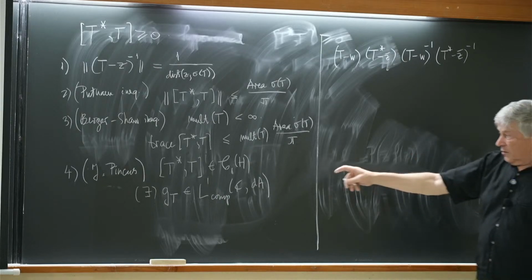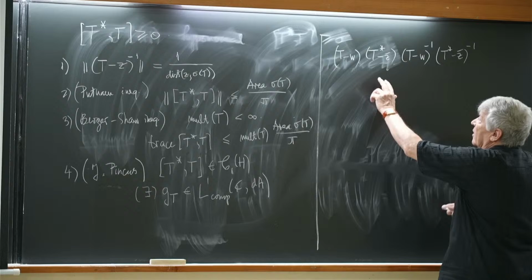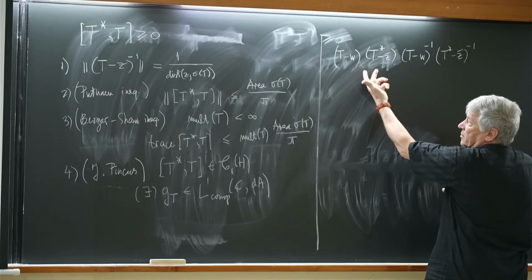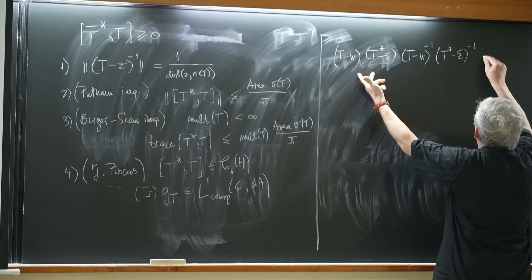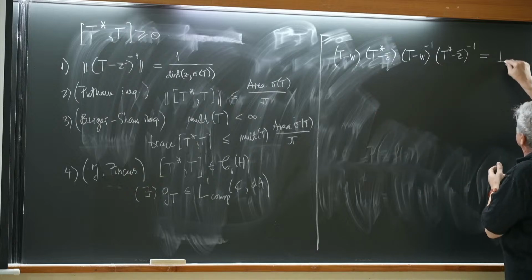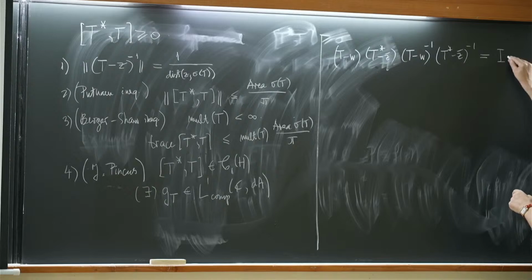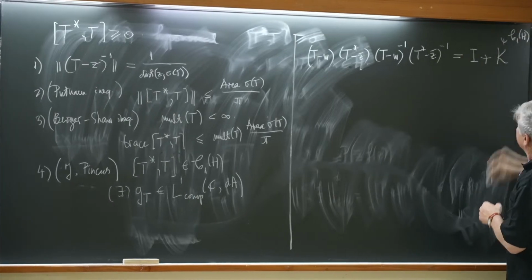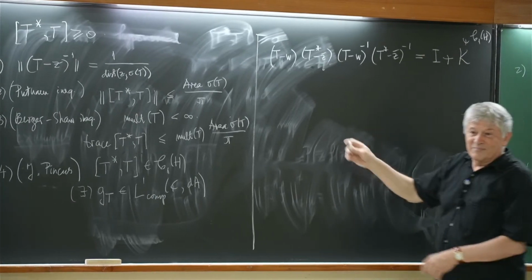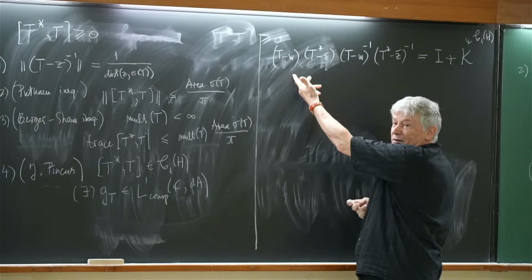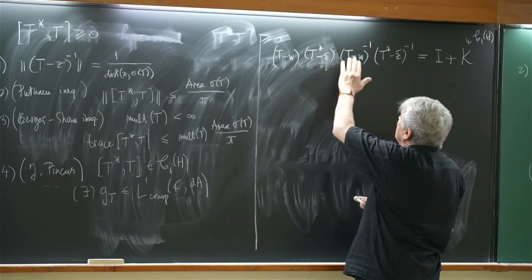The commutator is trace class. If I commute these two, this will be the identity because this cancels, the other cancels, plus K trace class. Because the commutator is trace class. So z, w are outside the spectrum.